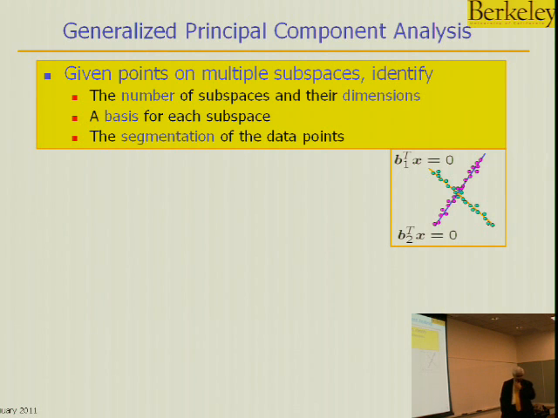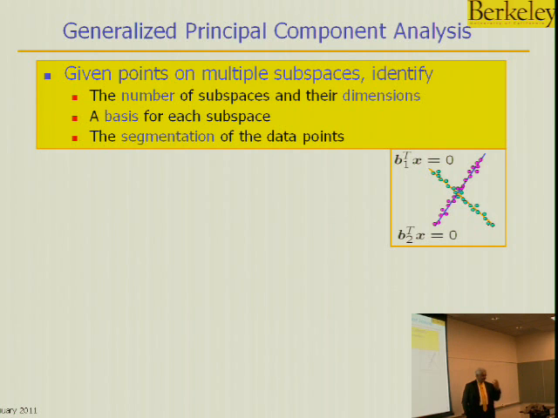And so the issue is, if somebody gives you a lot of data, and we can start with a noise-free case and then sneak up on the noisy case later, if you know that they lie on a union of multiple subspaces, but you don't know how many there are, how do you figure out the number of subspaces, the dimensions of each of those subspaces, and a basis for each one of those subspaces?